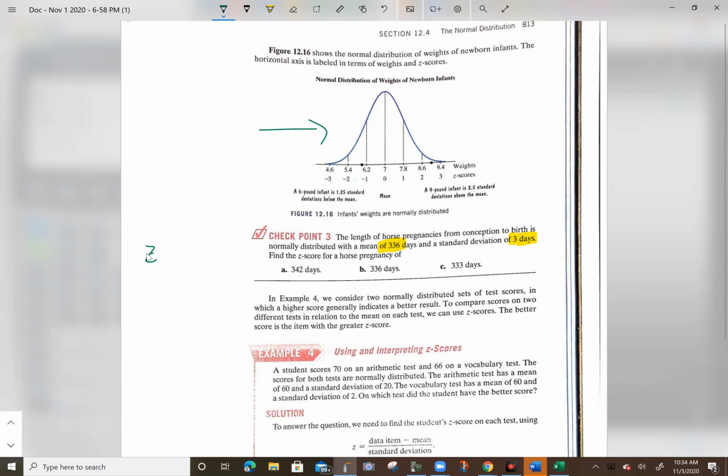So our z is equal to our data. So we're going to start off with 342 minus the mean, 336, divided by 3, because that's a standard deviation.